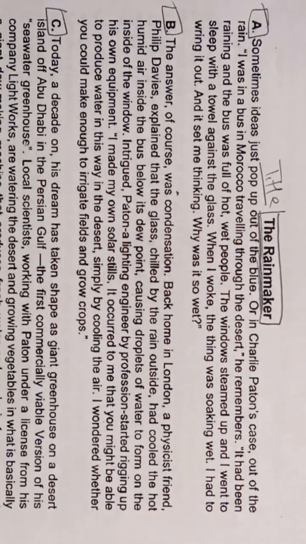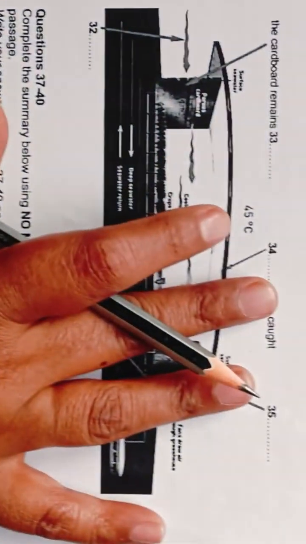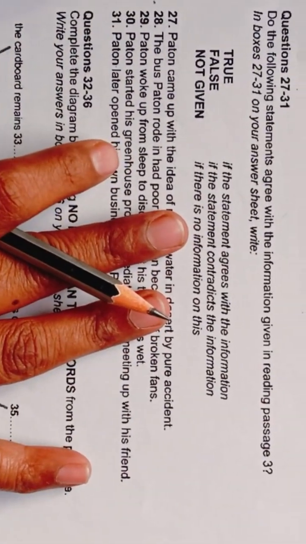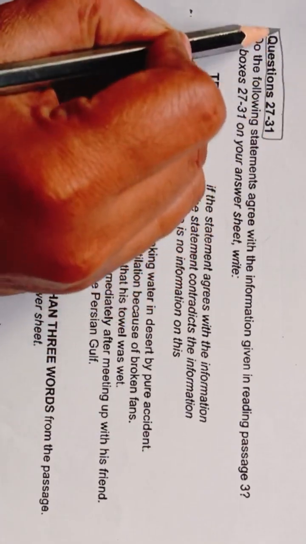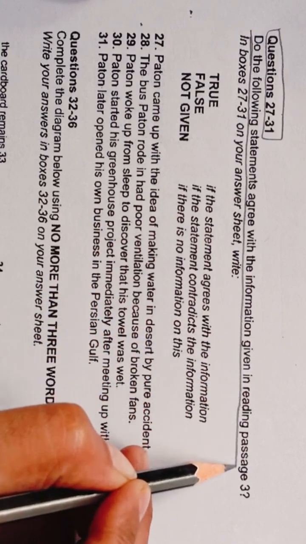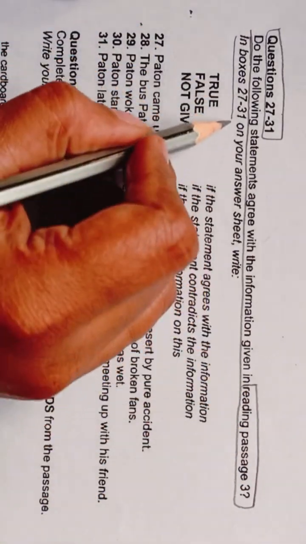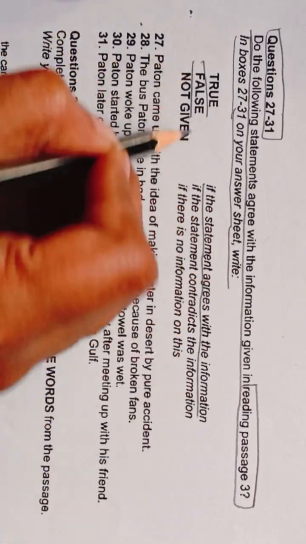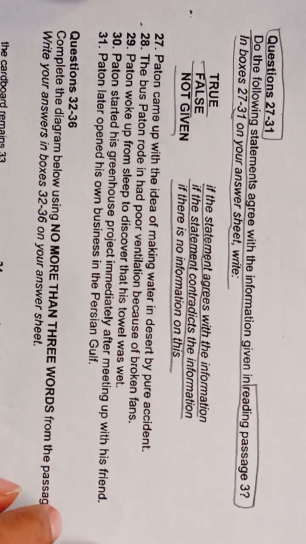Now let's quickly see our types of question and mark our keywords. Our first question type is questions 27 to 31. Do the following statements agree with the information given in the reading passage? Write true if the statement agrees with the information, false if the statement contradicts the information, and not given if there is no information.